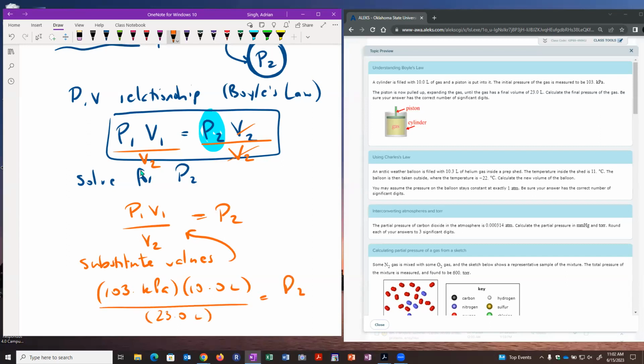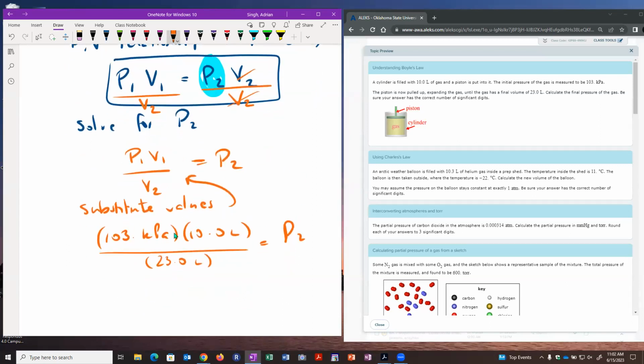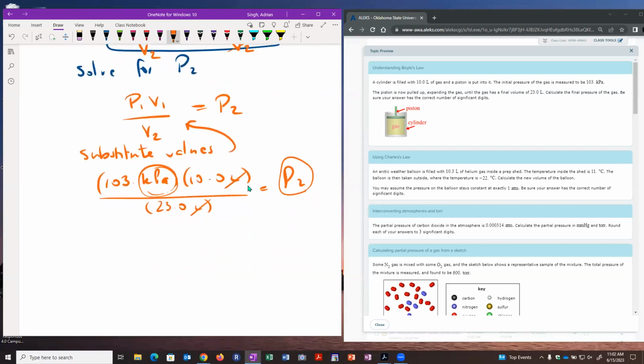So you'll notice that when I set this up, I'm not just putting the numbers in, I'm also putting the units, because when I look at the units, I can see that liters cancel. I end up with kilopascal as my unit. That makes sense because I'm trying to find a pressure. All right, then you'll go ahead and evaluate this. Use your calculator, and you want to round it.